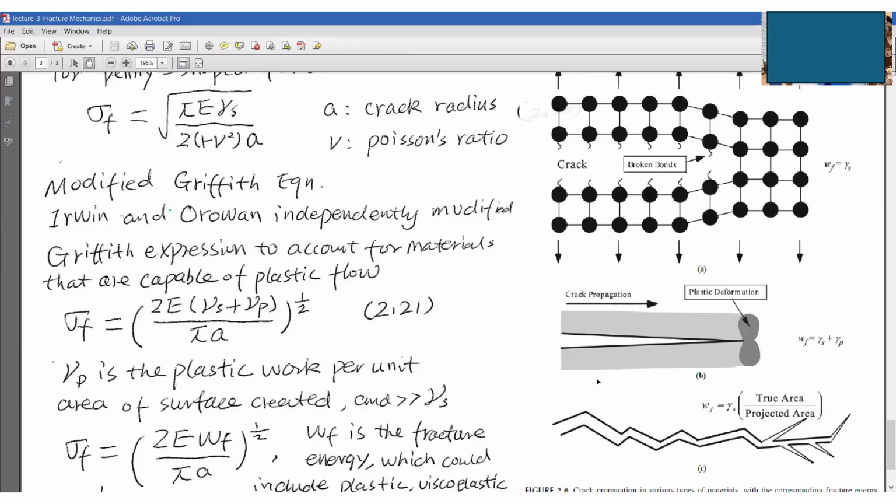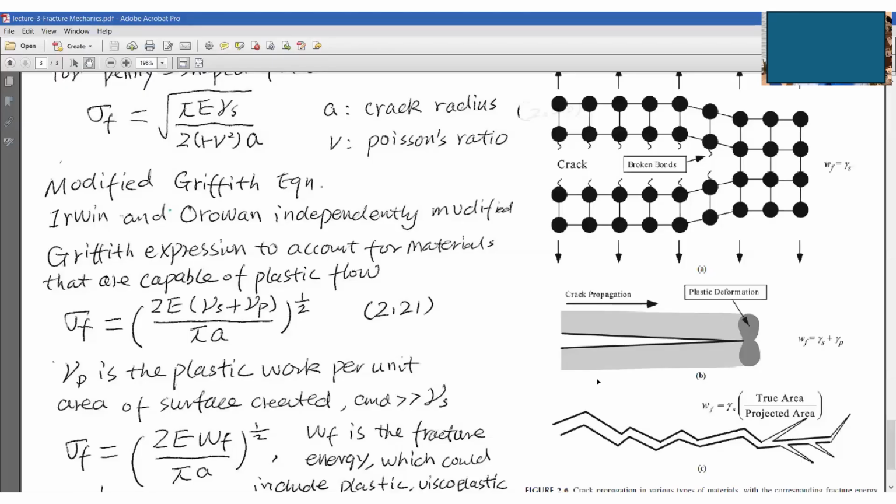First, we took a look at the theoretical cohesive strength in the atomic view. We know that the theoretical cohesive strength, sigma, is on the order of the Young's modulus, which is very big, very huge. However, the practical strength of material can never be that high.